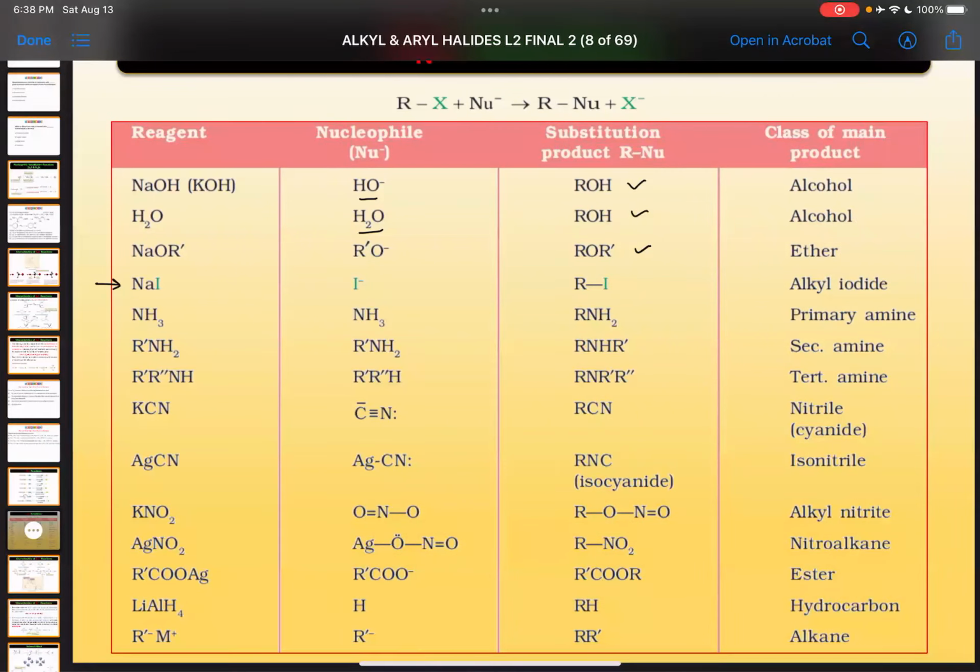So what we did, we prepared chloride and bromide by taking alkane with chlorine and bromine and treating them with sunlight. That gave us chloride and bromide, and then we took iodide. Iodide substituted the chloride and bromide. That was the Finkelstein reaction. I hope you can recall it, right?